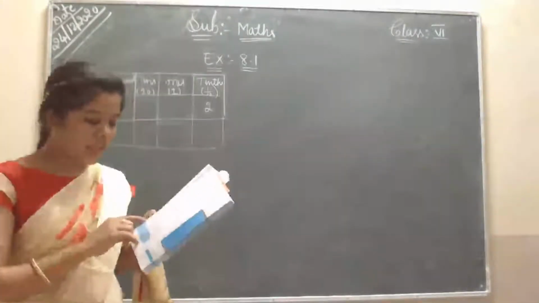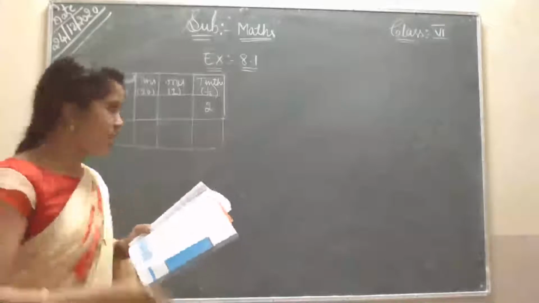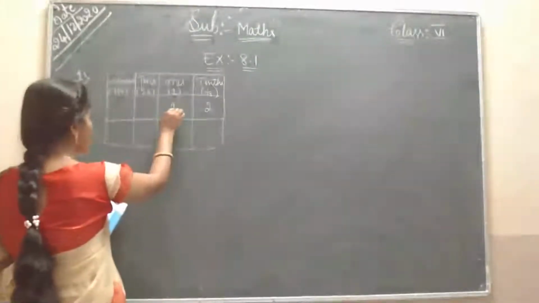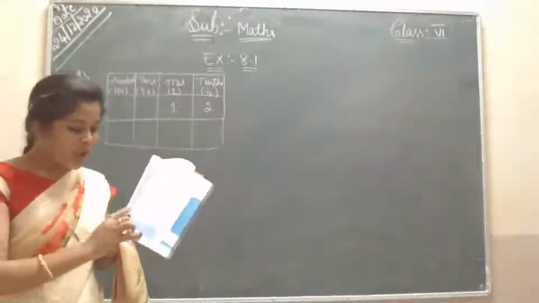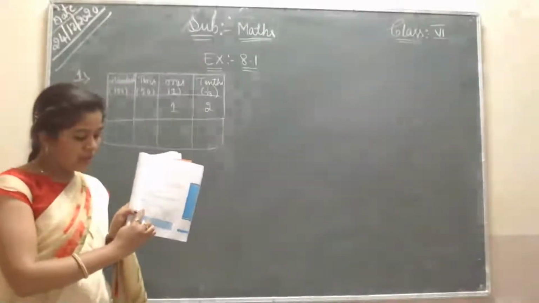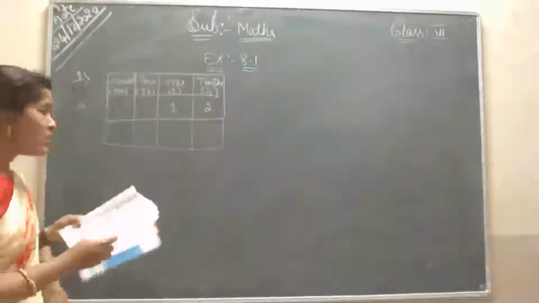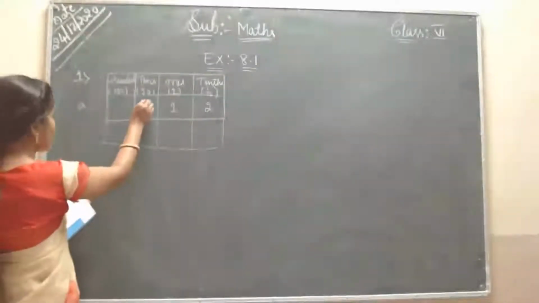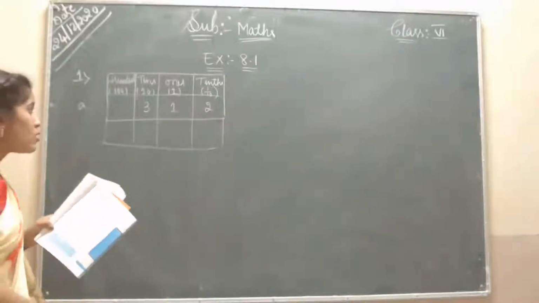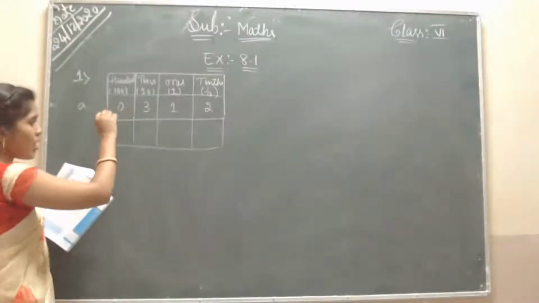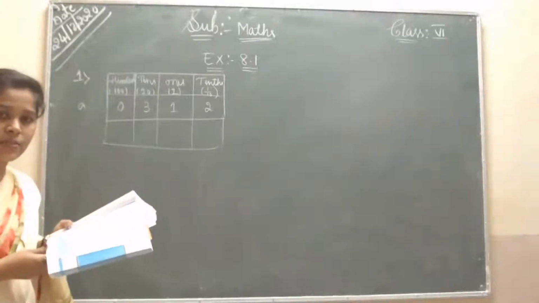Page number 35. Ones is only 1, so write 1 here. And tenths. How many tenths are there? See here, 1, 2, 3. There are 3 tenths, so write 3. And in this A, there is no 100 box, so we write 0 or a dash in this hundreds box.